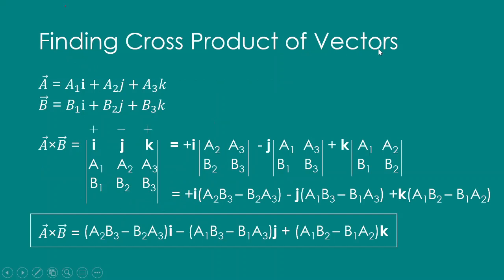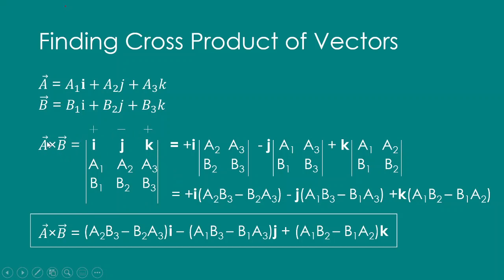Finding the cross product of vectors. Let's assume that our a vector is a1i plus a2j plus a3k and b vector is b1i plus b2j plus b3k. Mathematically, we can find the cross product of the vectors by setting them in the form of a 3 by 3 matrix.